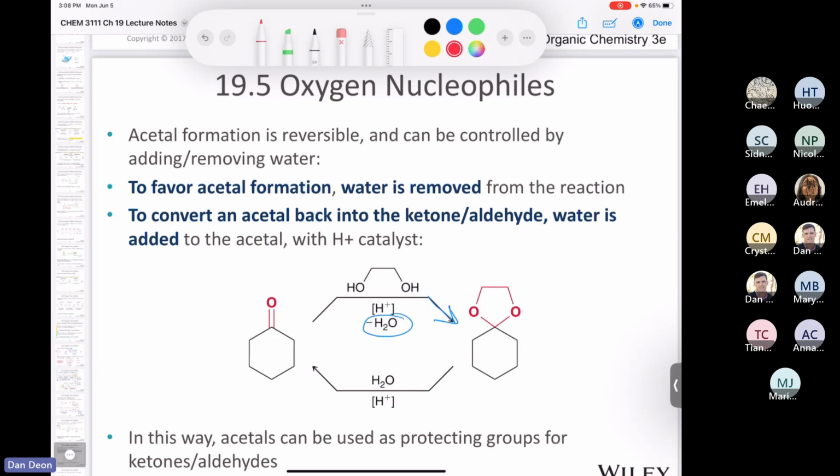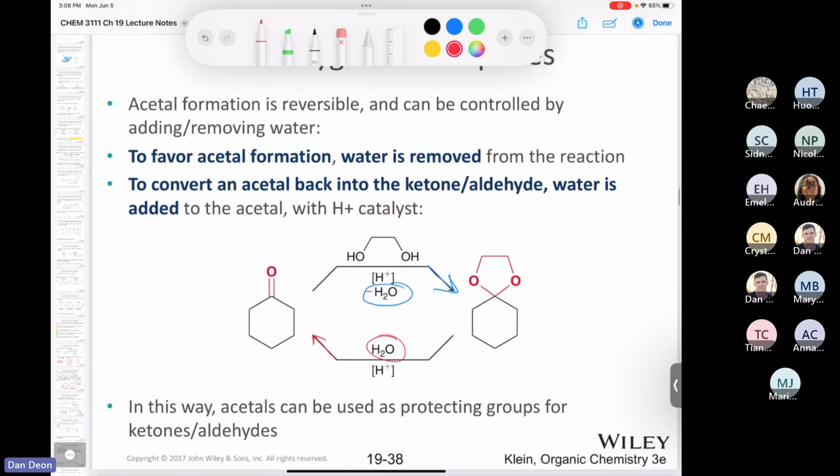But to make it go in the opposite direction, we add lots of water and we just have our acid catalyst. So if you remove the water, it's going to push it towards the acetal. If you put a bunch of water in, it's going to push it back towards the ketone. And again, what's the rationale for doing this? Well, it enables us to use an acetal as a protecting group for an aldehyde or a ketone. That's the whole point here.